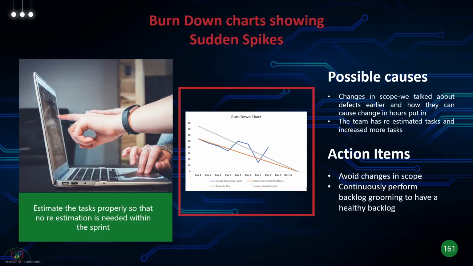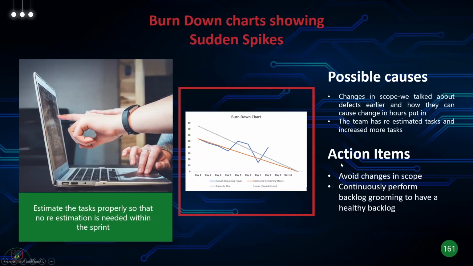Or you might have added more scope, and that's why the team is not able to catch up, and the line went up. Or it could be that the team re-estimated the tasks, whatever tasks that they had committed to. They thought that's not the right number of hours they need. They re-estimated the tasks and they added more tasks or they added more hours to their tasks. Again, not a good practice.